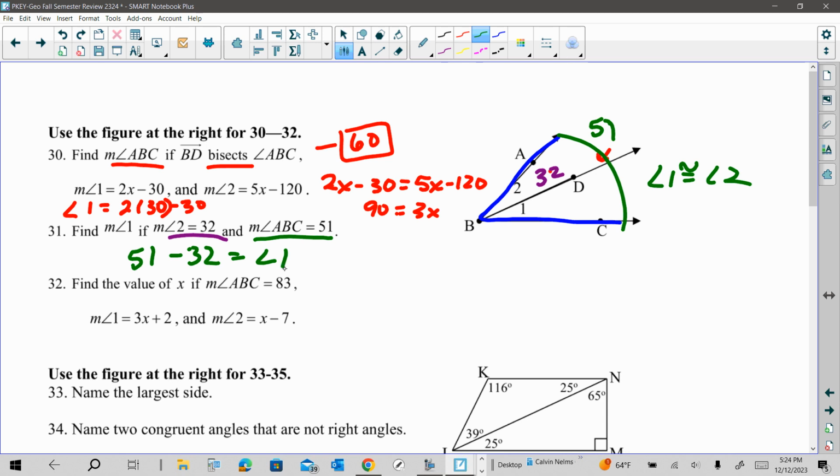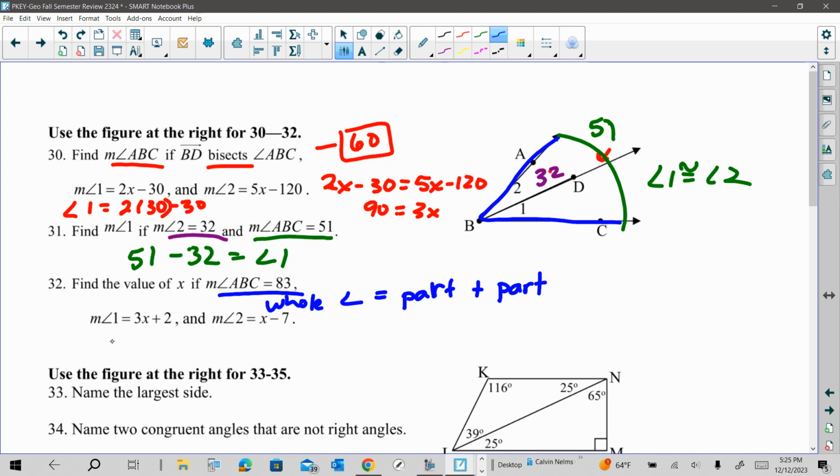Since they're giving me the whole angle here, the whole angle is going to equal our part plus our part. So you can use part plus part equals whole to help you on this one.